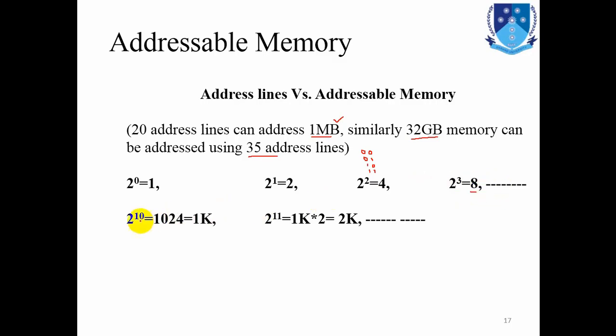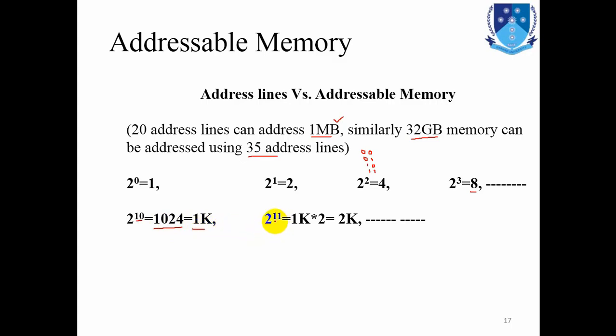For example, in case we have used 10 binary bits, we will be able to address 1024 different locations of a memory. For simplicity, this 1024 can be represented as 1K or 1 kilo.